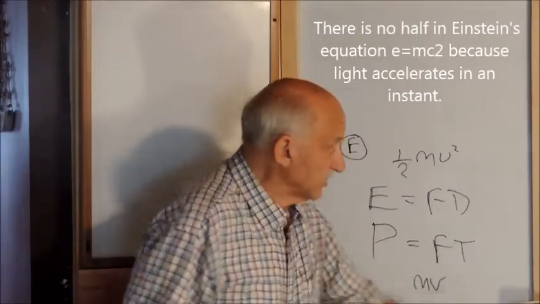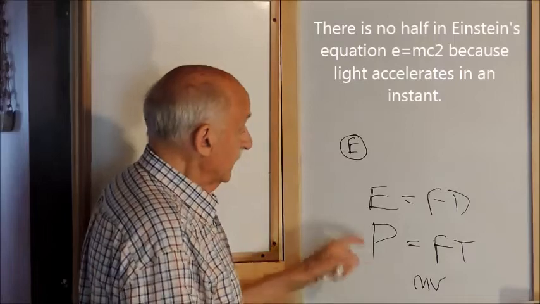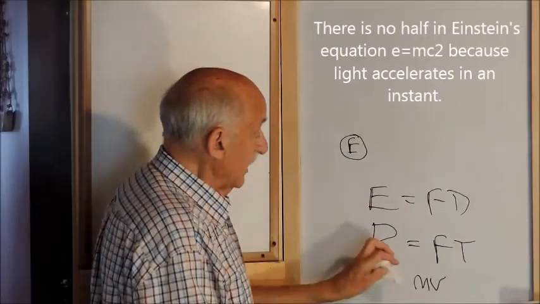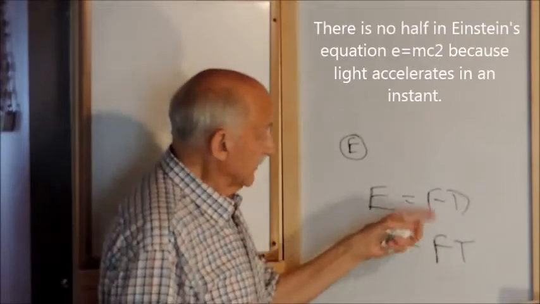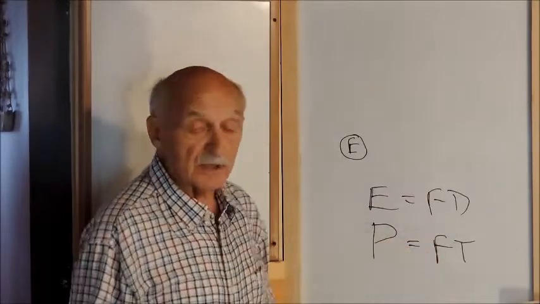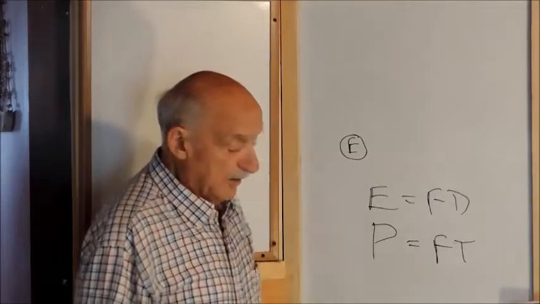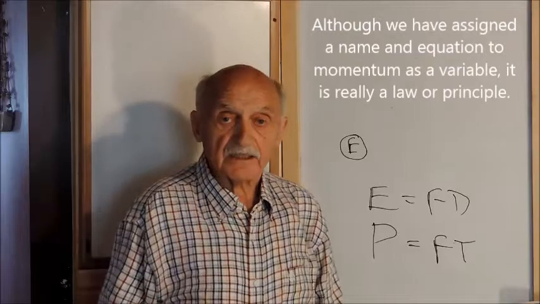So that energy has that. These are the two equations we use more often for momentum and for energy, but I'm using them this way because I want to show how they're related to force. And there's a very little difference between force times time and force times distance, and that's the association between energy and momentum. And this is what is important.